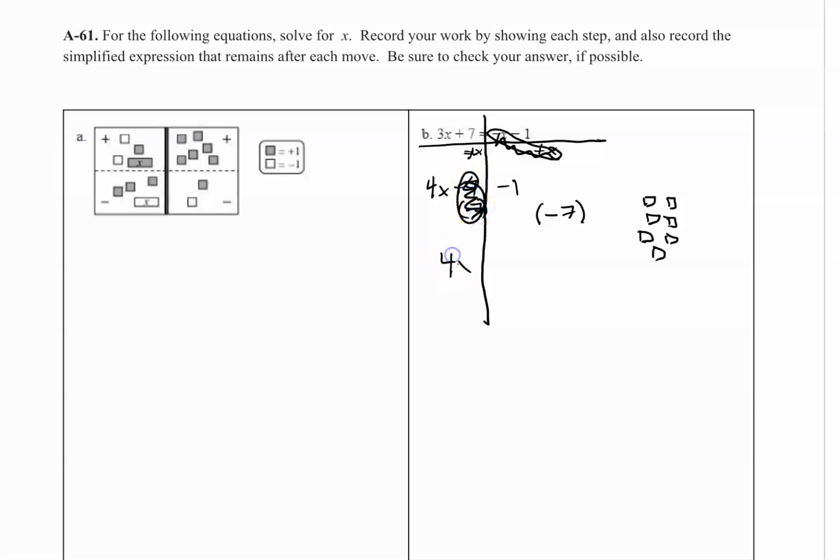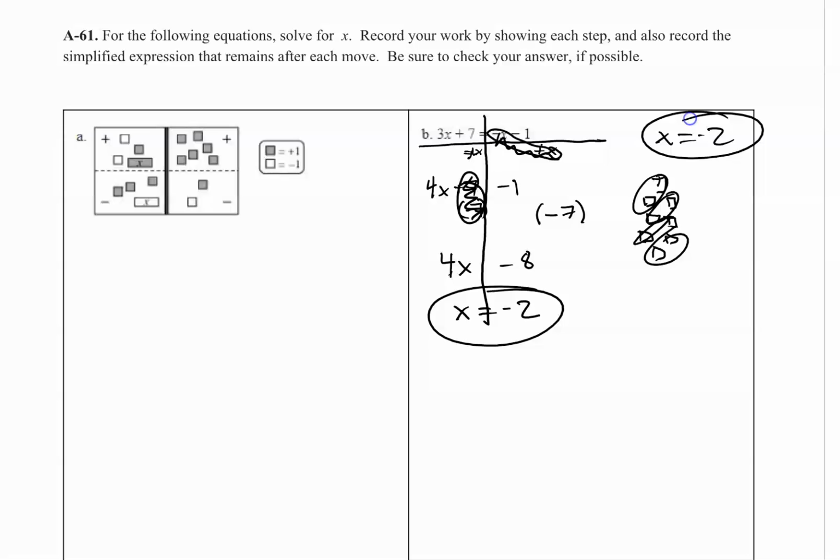And all that's left is 4x. Now we have negative 1 tile from before and negative 7 tiles. So if you count all these up, that's going to be negative 8. So you need to divide these negative 8 tiles into 4 groups. 1, 2, 3, 4. How many tiles are in each group? 2. And because it's the white side or the negative side of the tile, x is equal to negative 2.